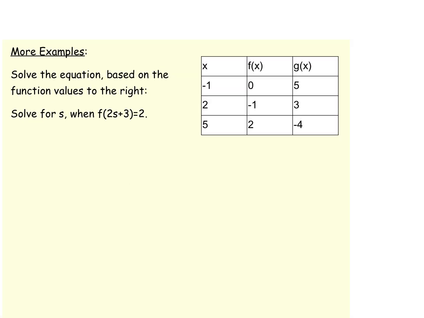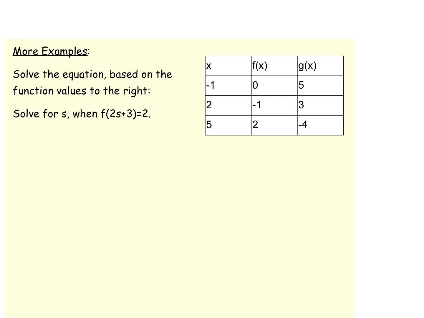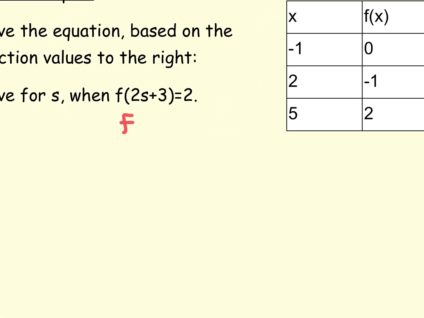This is the kind that kicked almost everybody's butt last time. By the end, a little less than half the class was still able to do it. So we better practice this kind. Remember how I had you write something underneath, like you have to look this up on the chart, like F of 3 equals 2, or whatever the chart tells you. And then you had to go, oh, so these equal each other?